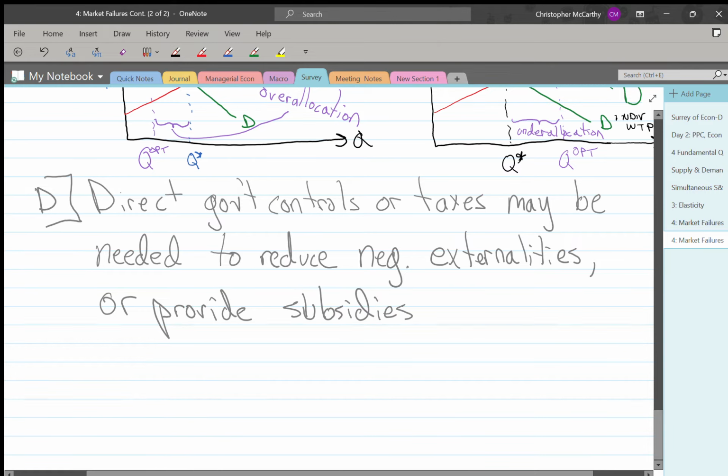You give people money for things, or government provision.